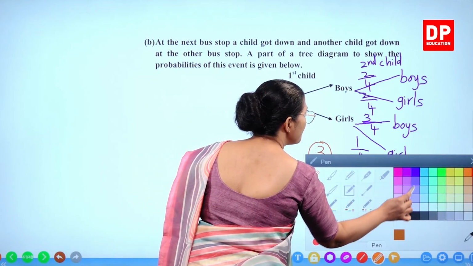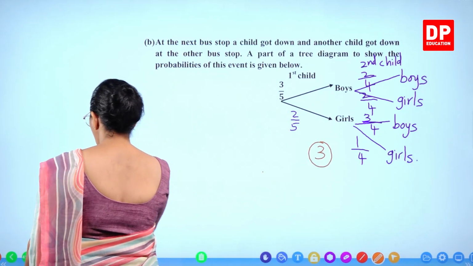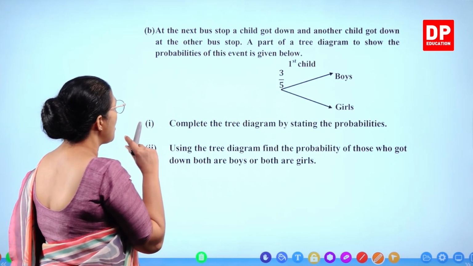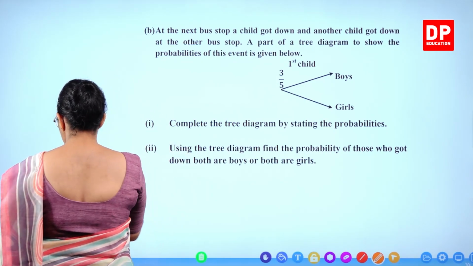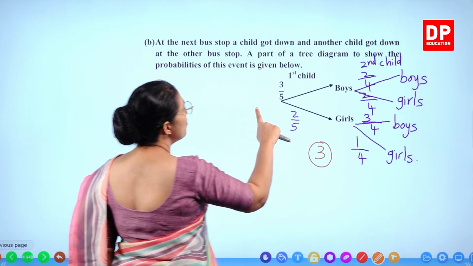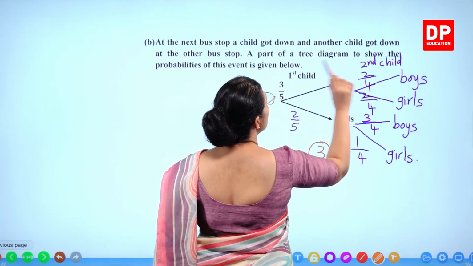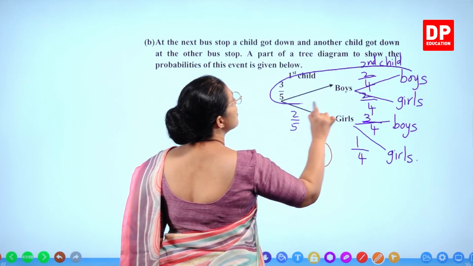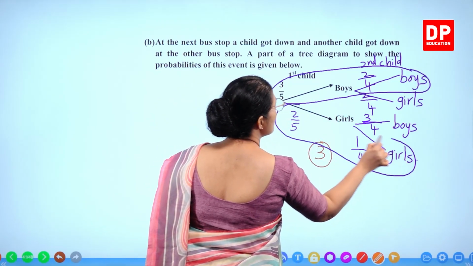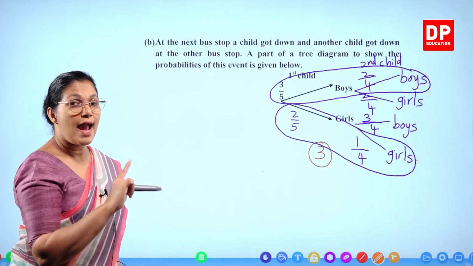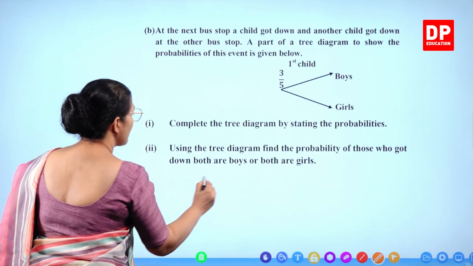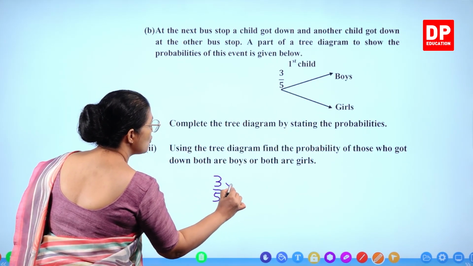And the next one, we need to find out the probability. It says, using the tree diagram, find the probability of those who got down are both boys or both girls. So let's take the same diagram, and both boys, you have to take this branch. Both girls, you have to take this branch. So you have to multiply and add it. 3/5 with 2/4. 3/5 into 2/4.